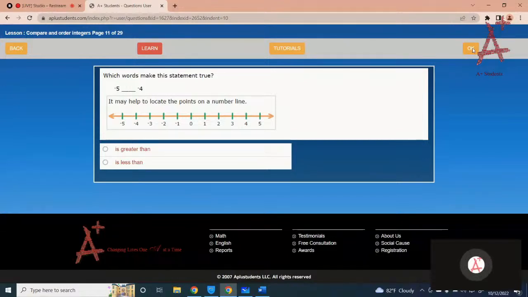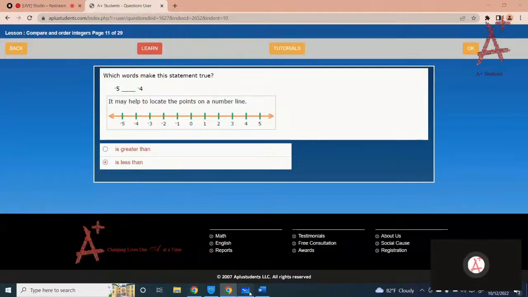Negative 5 is greater than negative 4. How? Negative 5 is less than negative 4. Just listen to me carefully.